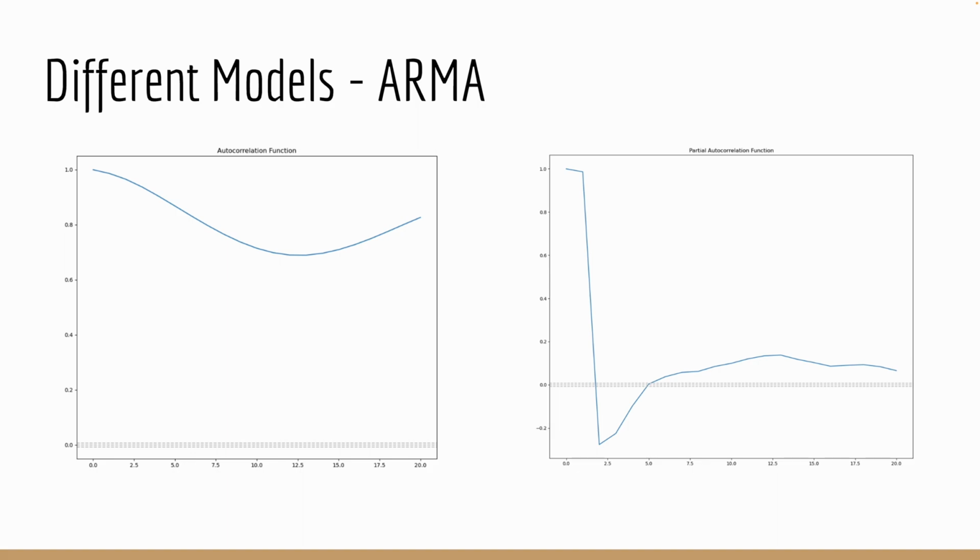However, you can see in the PACF that around order 1, it drastically drops and goes below negative, so between 1 and 2.